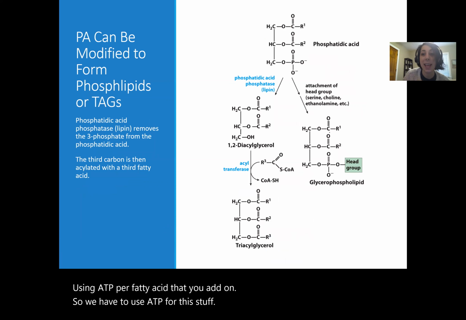Phosphatidic acid can then be used to go down other pathways to create other more complex molecules. This is a way that you can also make the base types of triacylglycerols by just removing that phosphate.